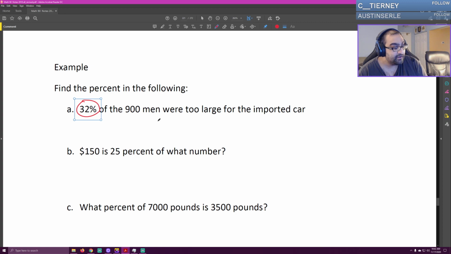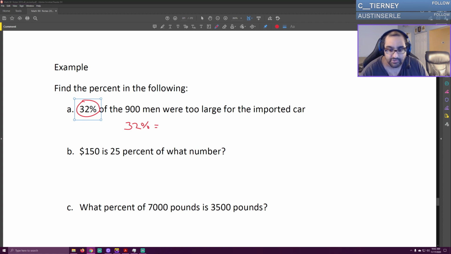First, let's try it the way we talked about in section 6.1. It says 32%. The way we talked about it in section 6.1 is we can express 32% as a decimal. So how can we express 32% as a decimal? What's 32% as a decimal?